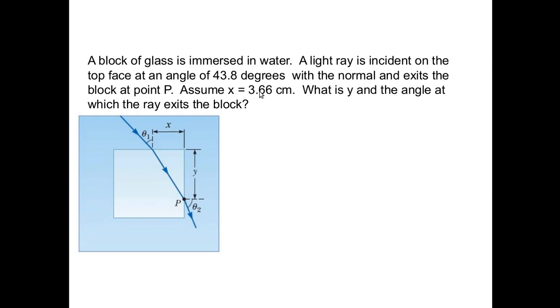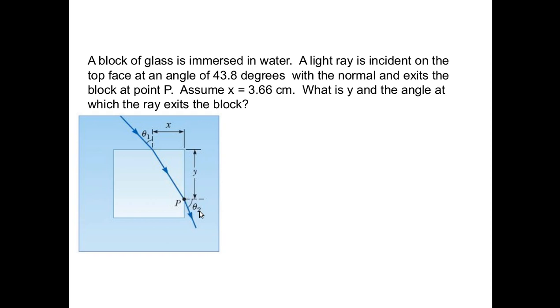We've got the value of x, so we know the point where the original incident beam strikes the block. And we're looking for y. We're looking for this distance here, so there's a right triangle. And then it says the angle at which the ray exits the block. So I'm going to find both of these angles, right, because they're complements of each other. This is theta 2.